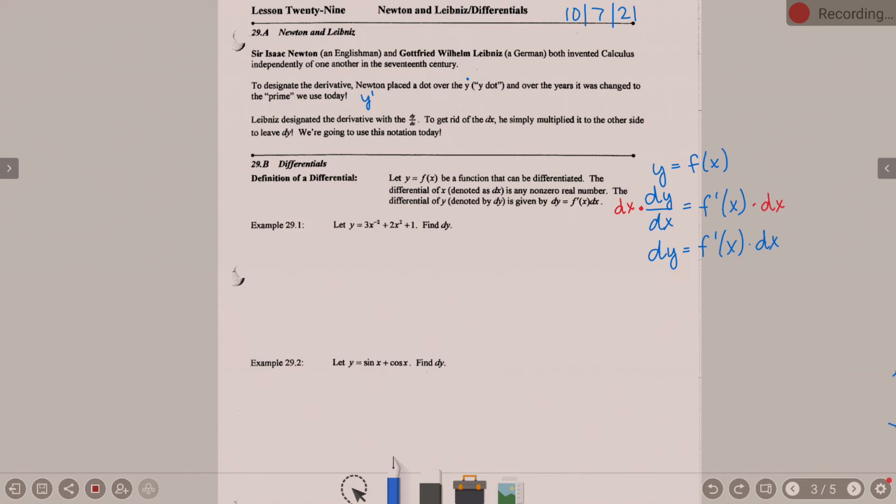As we look at example 1, let y equal 3x to the negative 2 plus 2x squared plus 1. Find dy. One option, which you're probably more comfortable with right now, is just to take the derivative as we're used to.